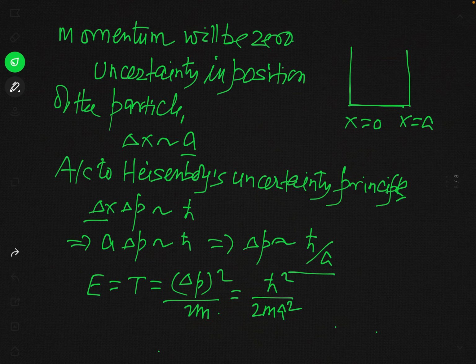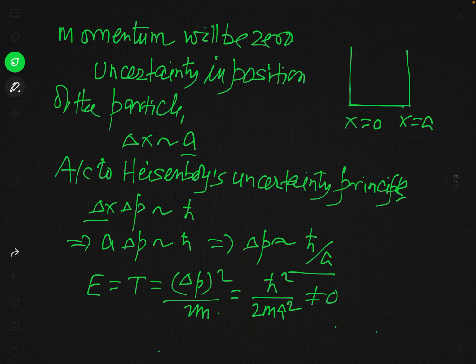So you can see the energy of the particle cannot be 0. In accordance with the Heisenberg uncertainty principle, the minimum energy of the particle inside this box cannot be 0. Its least value will be of this order.